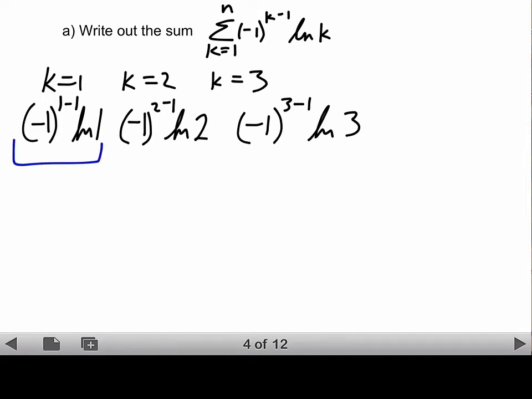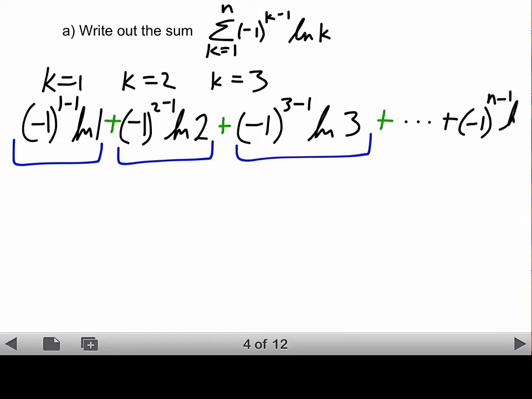I'm going to highlight our terms and then note that they should be separated by plus signs. After that natural log of 3 term, I'm going to put a dot, dot, dot, and I'm going to put plus. This is supposed to go up to n, and the way I can indicate that is to say it's negative 1 to the n minus 1 times the natural log of n. And you might say, wait a minute, all you did was replace that k with n. Yeah, that's what we're doing the whole time here.